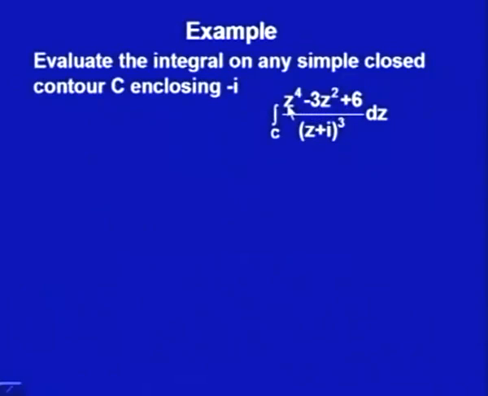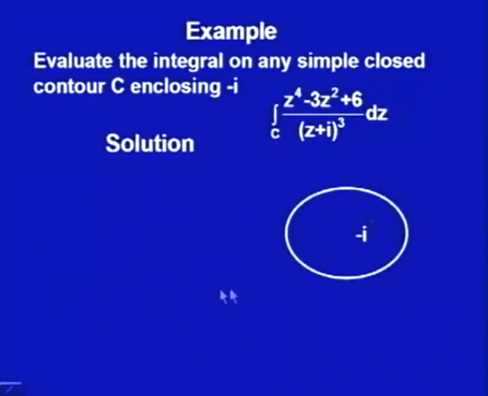We know that z to the power 4, z square, all these are entire functions, so this is an entire function. That is why we are able to do it for any closed contour enclosing minus i. So, this is the closed contour, which has minus i in its interior. Then here what I have is (z plus i) cube.